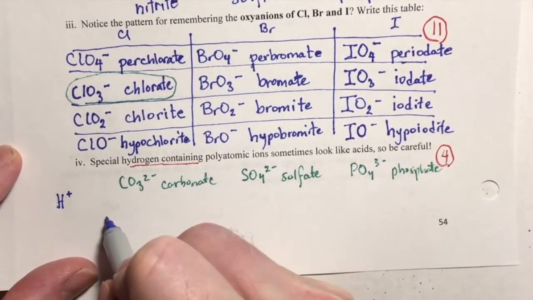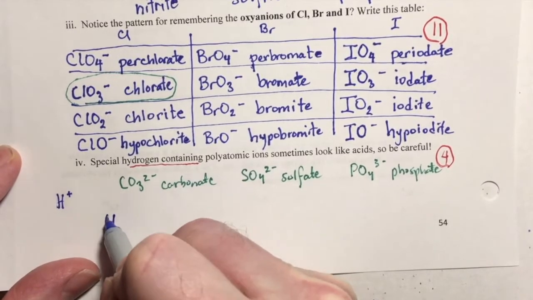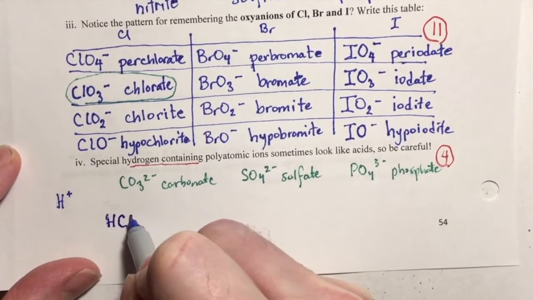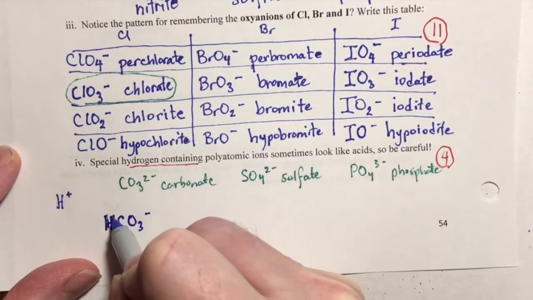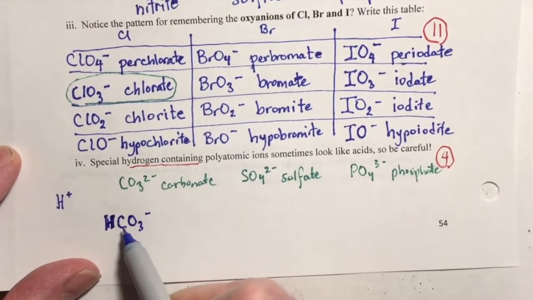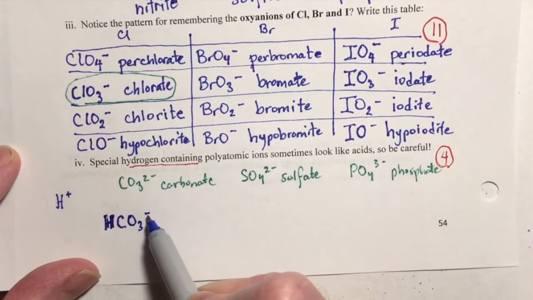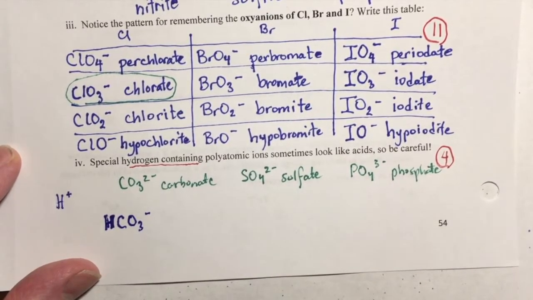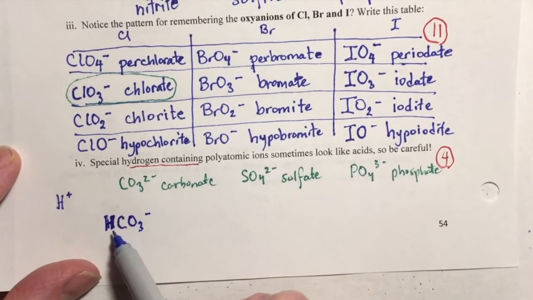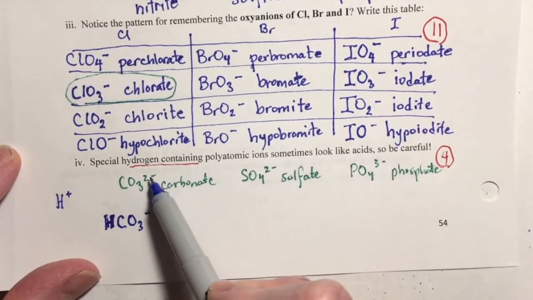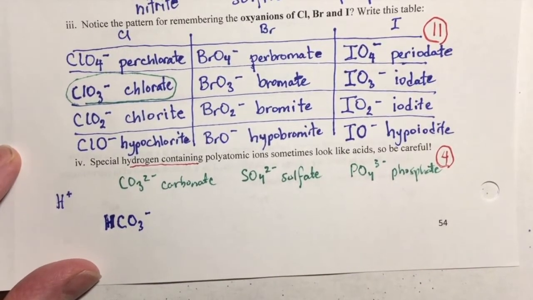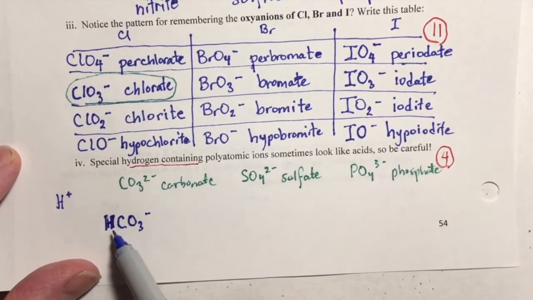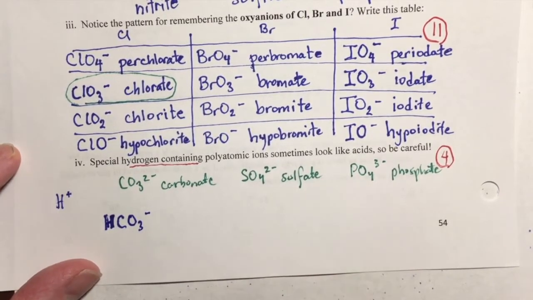So if we do that, we get this formula: HCO3 with a single minus charge, right? Because we added an H, it brought along a positive charge, which offset that 2 minus charge by 1, and so turned it into a -1 charge. HCO3 with a minus charge.